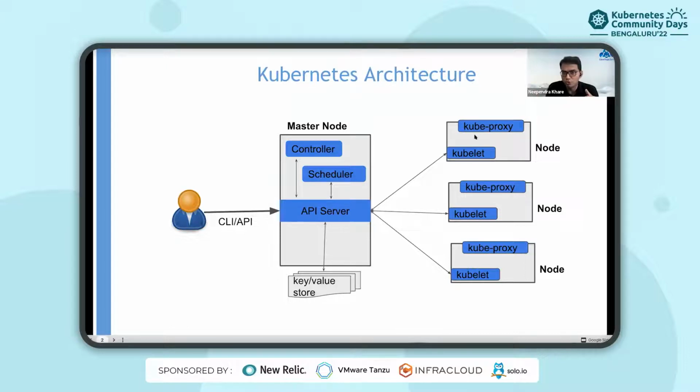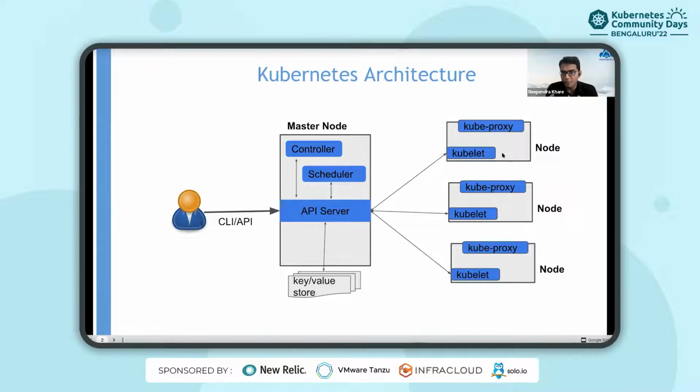So if I said deploy 3 copies of the app for me, I want to make sure that at any point of time, all 3 copies are running. That is what the controller makes sure. The controller makes sure that at any point of time, your entire cluster's desired state and current state are matching. Otherwise, it will try to bring it into the desired state. So the controller makes sure that all the apps are up and running, correct?